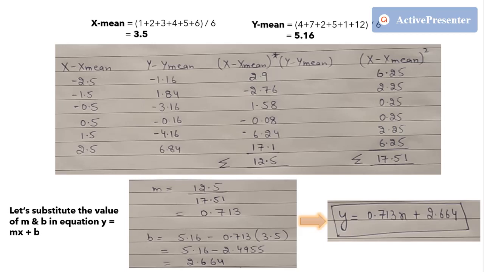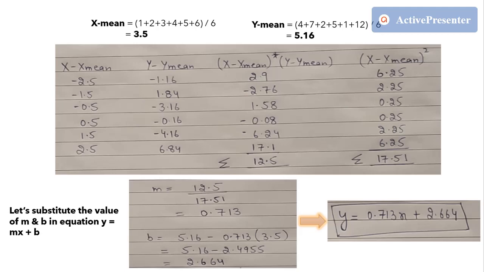So we have 6 values of the x column, that is 1, 2, 3, 4, 5, 6. For finding the mean of the x column, we'll add these values and divide by the total number of values present in the x column. We'll do the same for the y column for finding the y mean. Now we have the values of x mean and y mean.